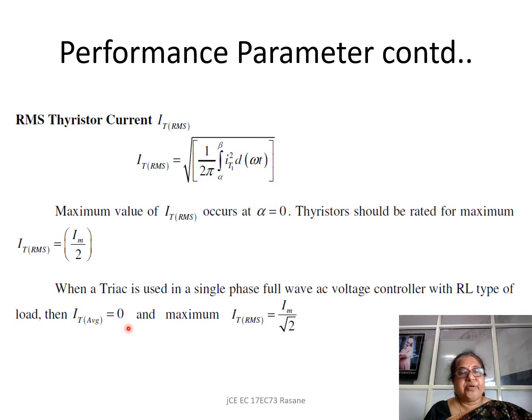So you are going to have an average value of current in thyristors when you have two anti-parallel thyristors, but when you have a triac, the average value is going to be 0 and the maximum value will be Im by root 2. So these are the two different values of ITRMS. In case of thyristors, it will be Im by 2. In case of triac, it's a single device, so it will be Im by root 2.